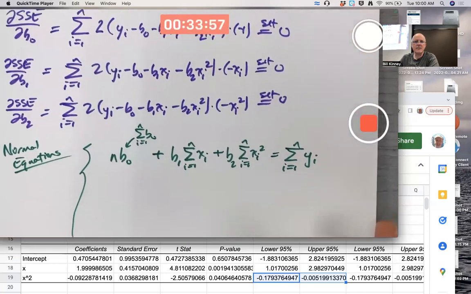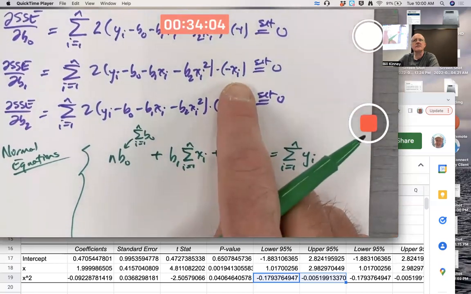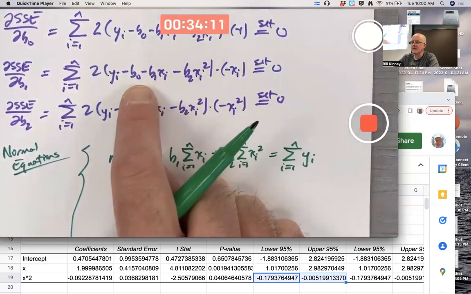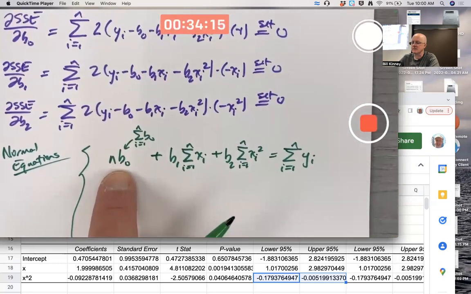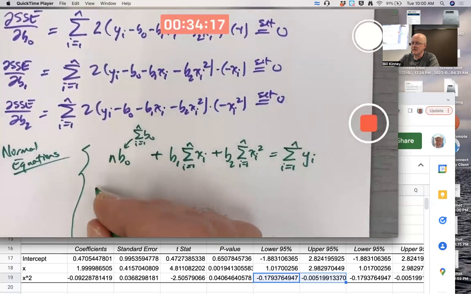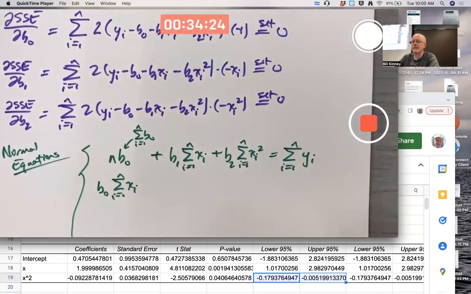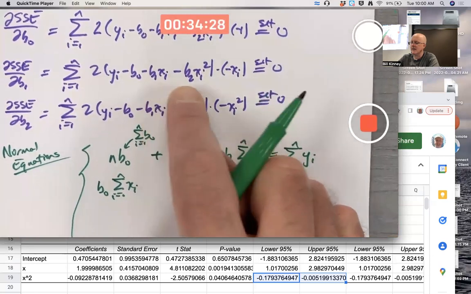Second equation is going to be pretty similar, except with each term, you're going to have an extra factor of xi. Which does mean for the B0 term, that I'm not going to get something so simple. I need a summation. B0 times the sum of the xi's. With the B1 term, I have an xi squared.